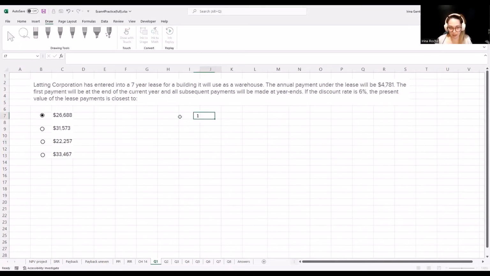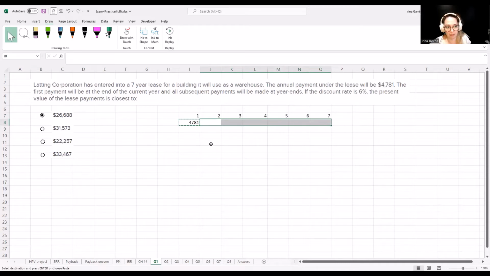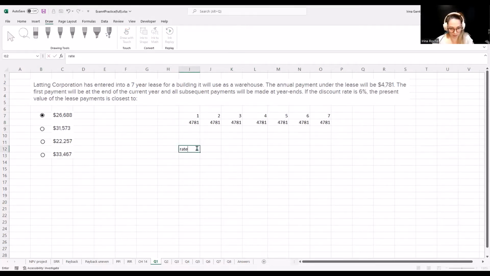Okay, so we know we have 7 years. Set those 7 years right here. And you know that every year you're going to spend $4,781. That's how much we are spending, right? And we also know our rate, let's set it up anywhere here, is 6%.